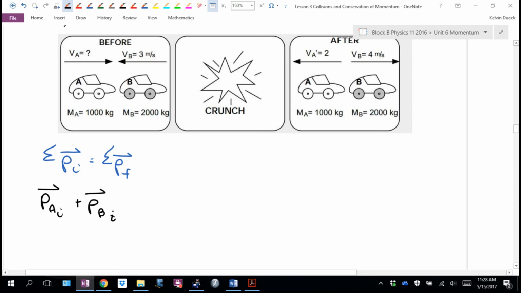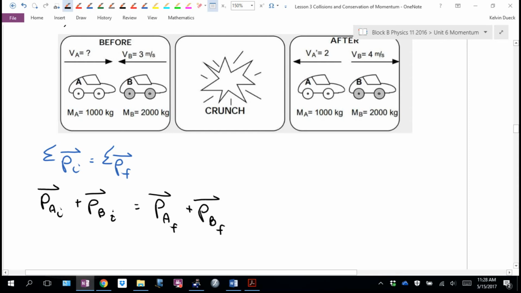You okay with that? Bam! They collide. After the collision, what's moving? Car A, car B, both or neither? Both, stuck together or separate? So momentum A final and momentum B final.